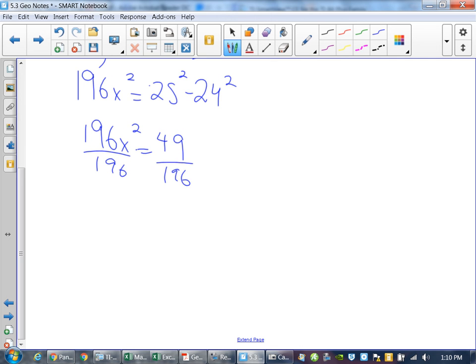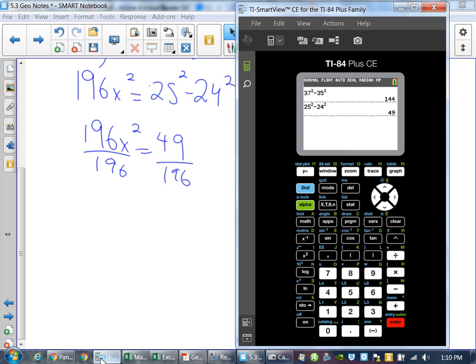Now, your calculators will do this for you, okay? If you type in your calculator square root of a fraction, your calculators will do a square root of a fraction just by pressing the square root button and then the fraction bar.